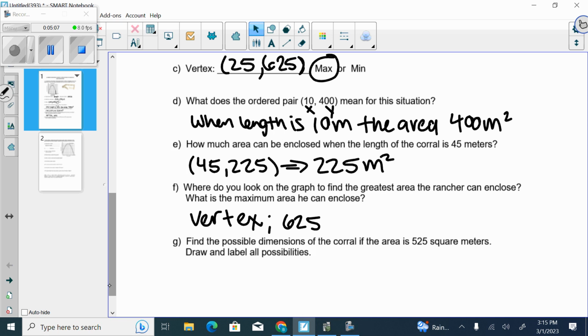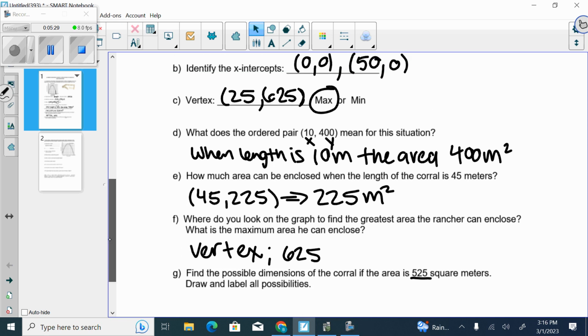And then the last thing for this question says to find all of the possible dimensions of the corral if the area is 525 square meters, and then draw pictures of those. So again, is area X or Y? Y, okay, and they said that Y, or area, is going to be 525.